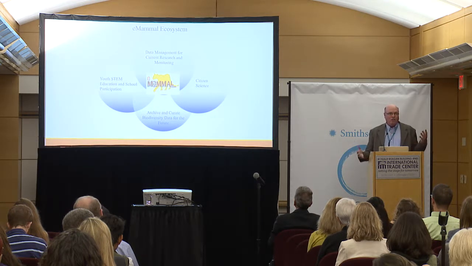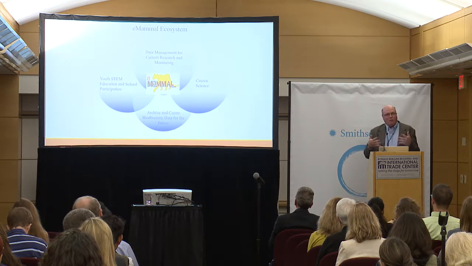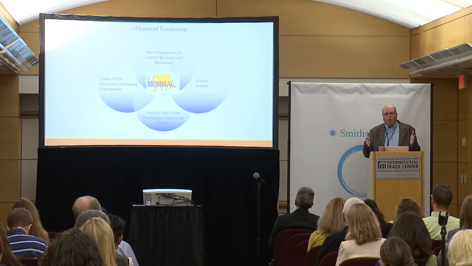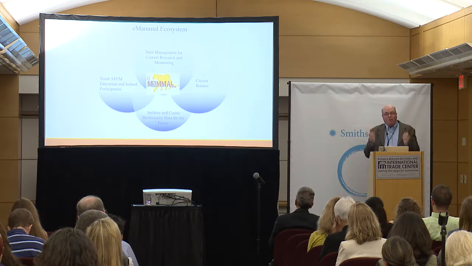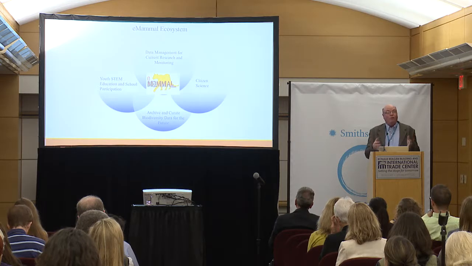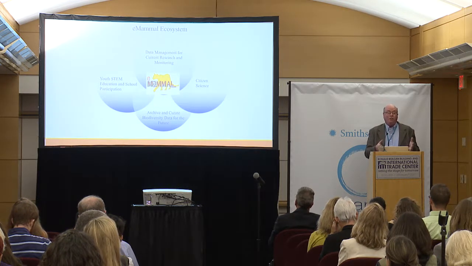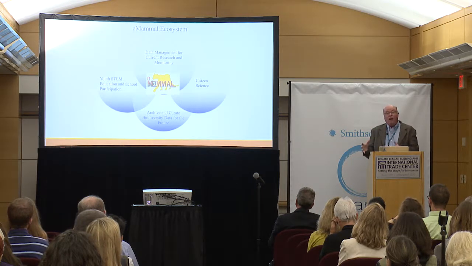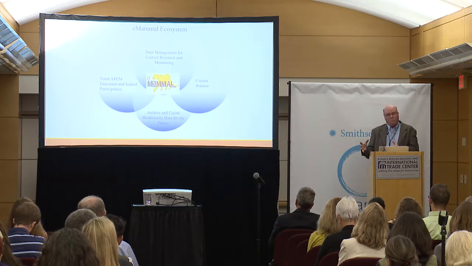So eMammal, we're trying to sit in a sweet spot that all the apps should be. We're good for scientists right now. We make their job easier. We save that data for the future, so you can go back and see that data again 10, 20, 30 years from now. We involve citizen scientists. We give them a way to contribute to studying this planet.